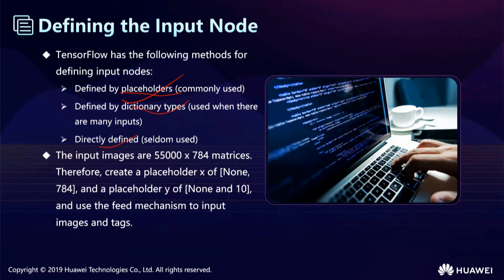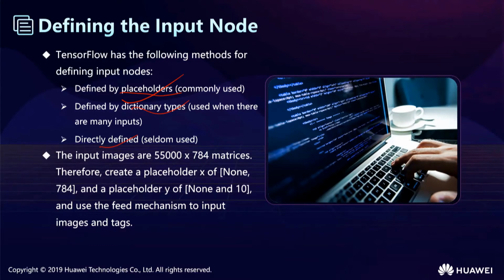In our experiment, as the input images are a 15,000 by 784 matrix, we can create a placeholder x of None by 784 for training data, and a placeholder y of None by 10 for training labels. And then we use the feed method to input images and labels.